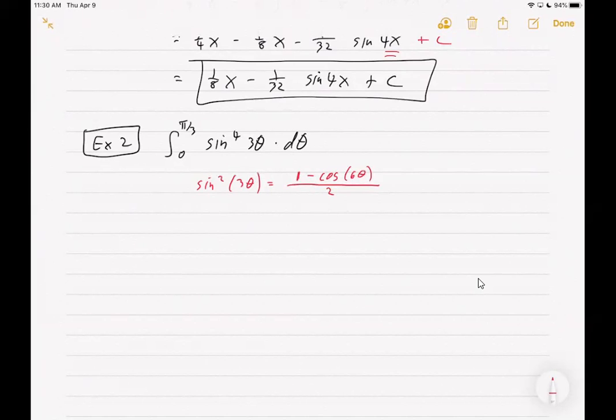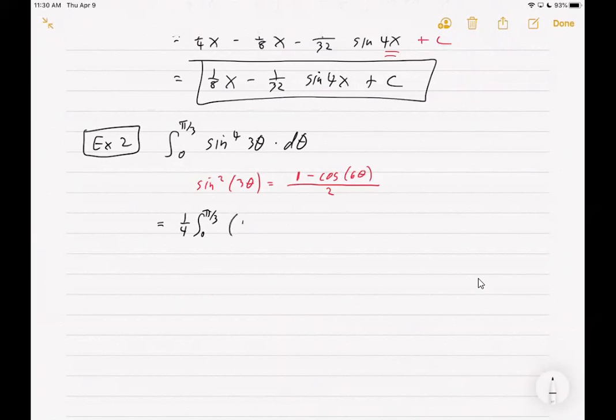So this becomes, go ahead and do this. Okay, this will become the integral from 0 to pi over 3. Let's bring the 1/4 out like we did before, and we have to FOIL the numerator of our identity.